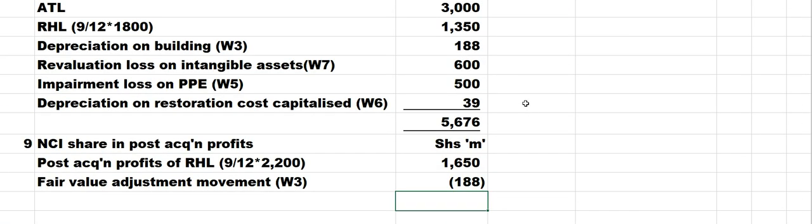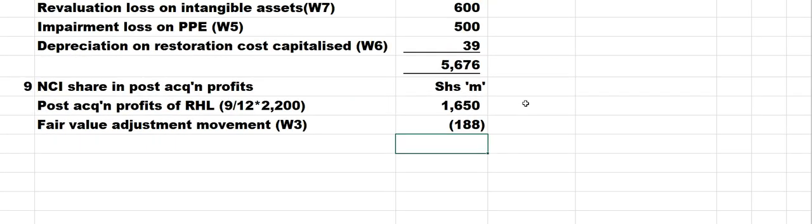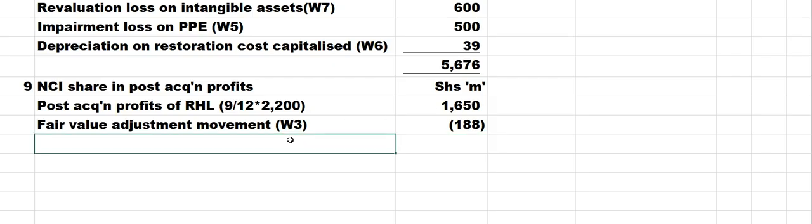It's 187.5. Okay, rounding off to 188. We have a PUP, that is unrealized profit, because the subsidiary sold.